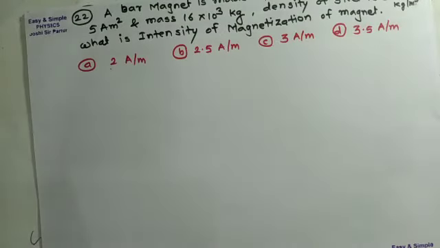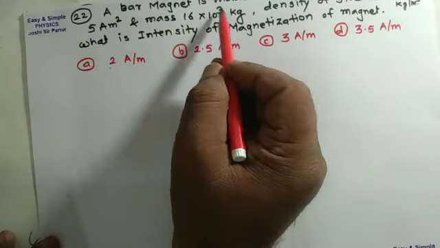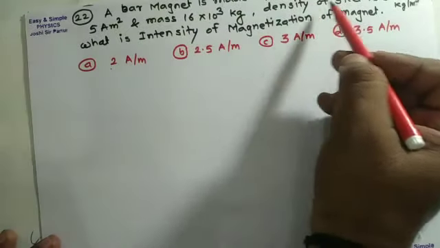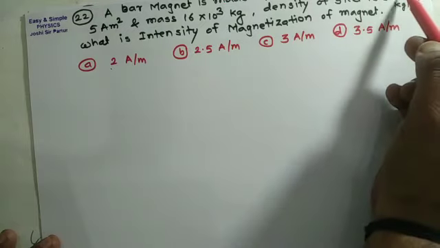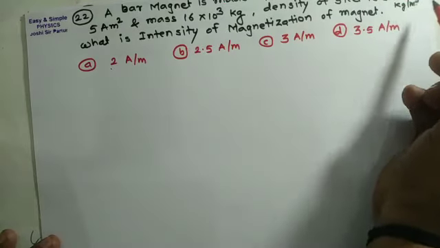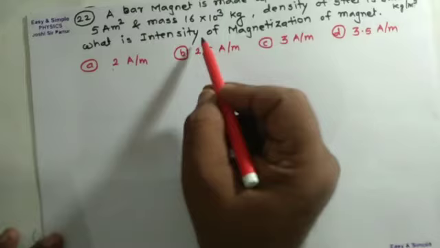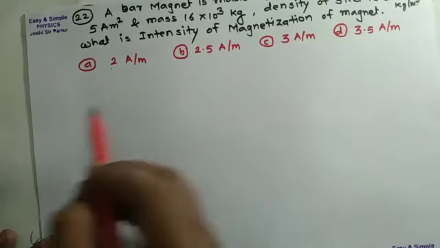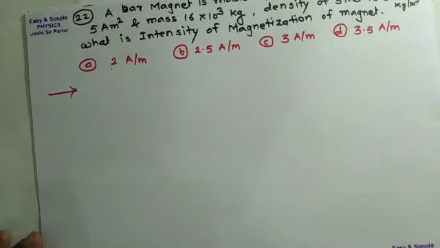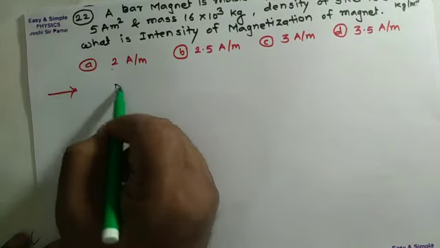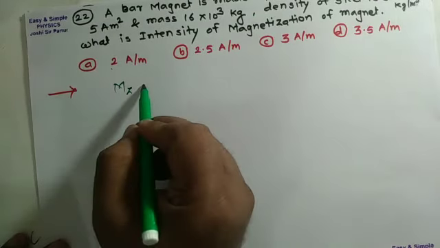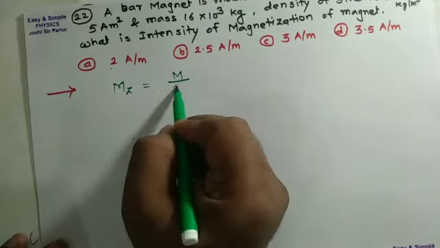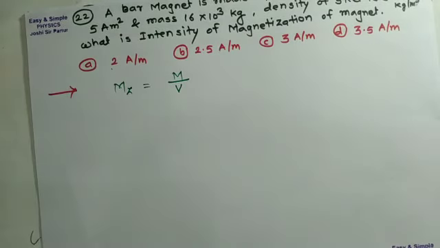Again, a bar magnet made up of steel has magnetic moment 5 ampere meter square, mass 16 into 10 raised to 3 kg, and density of steel is 8 into 10 raised to 3 kg per meter cube. What is the intensity of magnetization of the magnet? So intensity of magnetization, that is Mz, is equal to capital M upon V, that is volume.